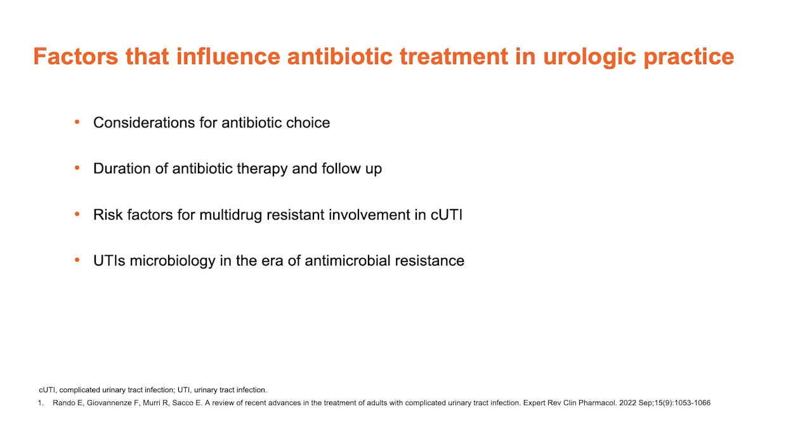And we are in an age of increasing multi-drug resistant microorganisms, and we have to be aware of that because that's going to influence our selection of antibiotics. And then we'll talk a little bit about the microbiology data that has been seen in some studies related to antimicrobial resistance in patients with complicated UTI.